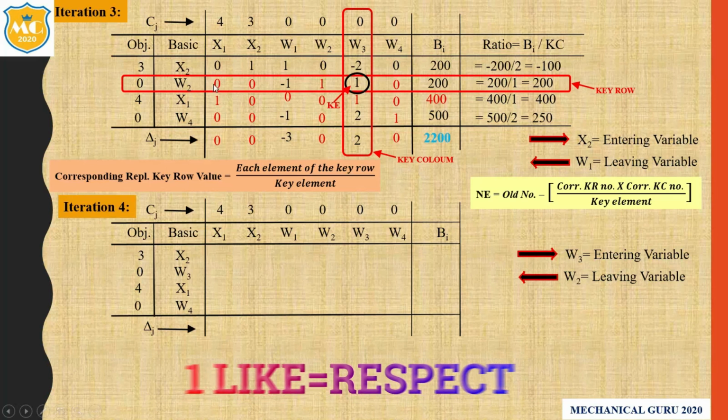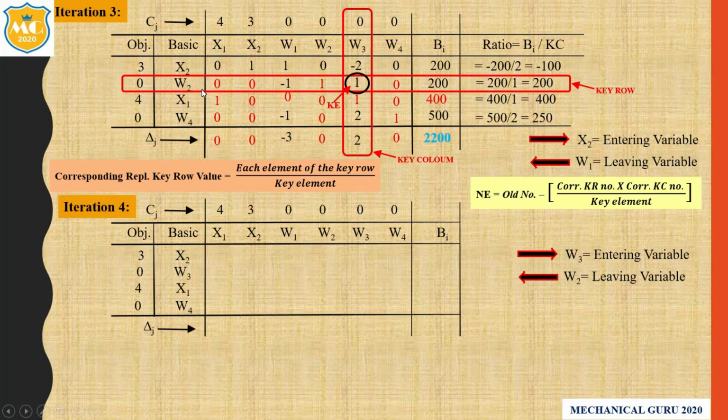Now first we have to replace the key row value. Here the key element is 1, so we write down the same key row value, that is 0 0 minus 1 1 0 and 200.